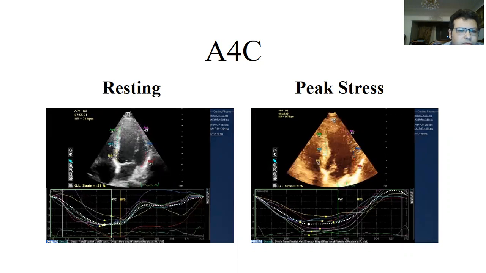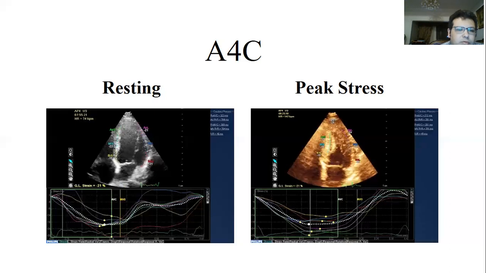As we mentioned before, for proper acquisition for 2D speckle tracking, we have to obtain the 3 apical views, apical 4, apical 2, and apical 3 chamber views, in a proper way, avoiding foreshortening with clear delineation of the endocardium as much as possible. And the frame rate is adjusted to around 60 to 80 by adjusting the sector width and by adjusting the depth and gain.